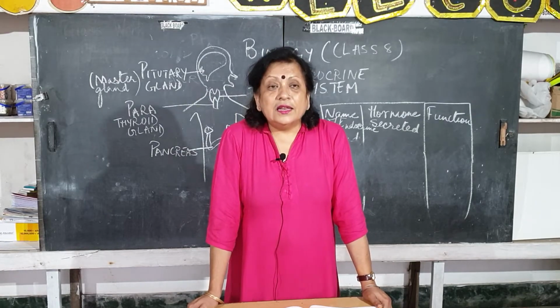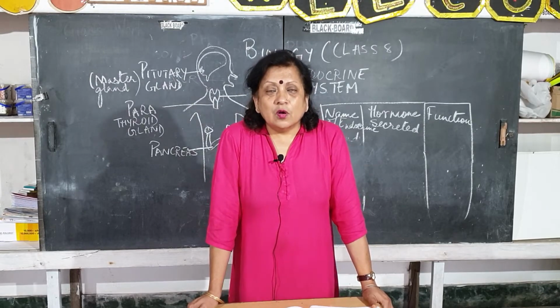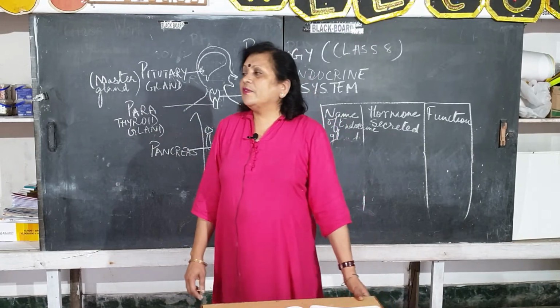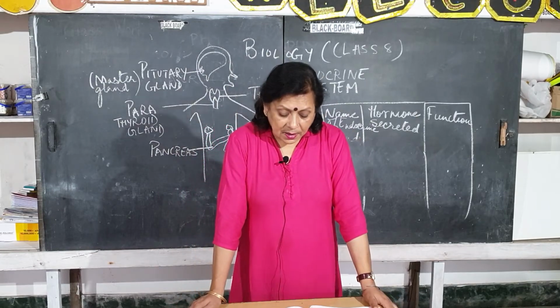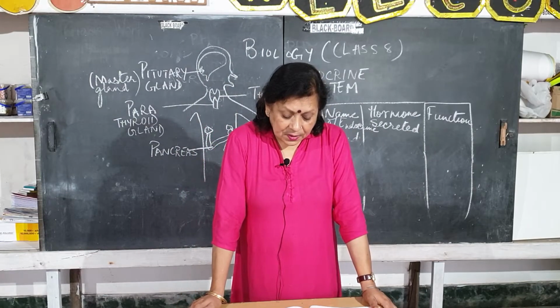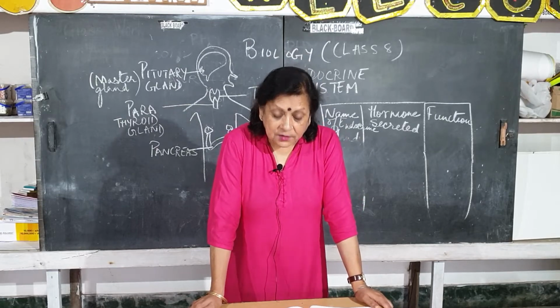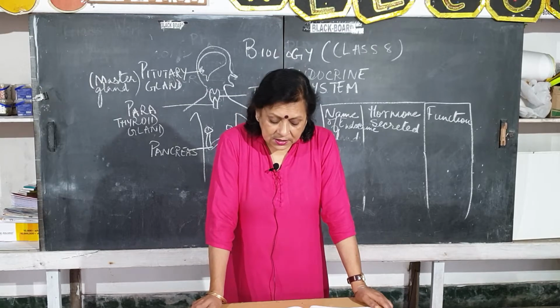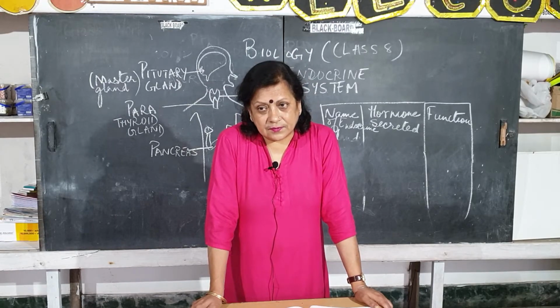So now let us look into the details of what a hormone is. A hormone is a chemical secretion done by the endocrine glands, as I told you just now, which controls the metabolic activities. It is produced in small quantities and does not act fast.